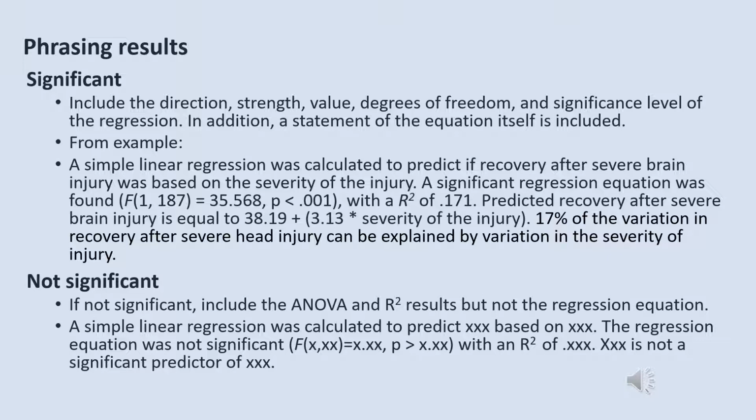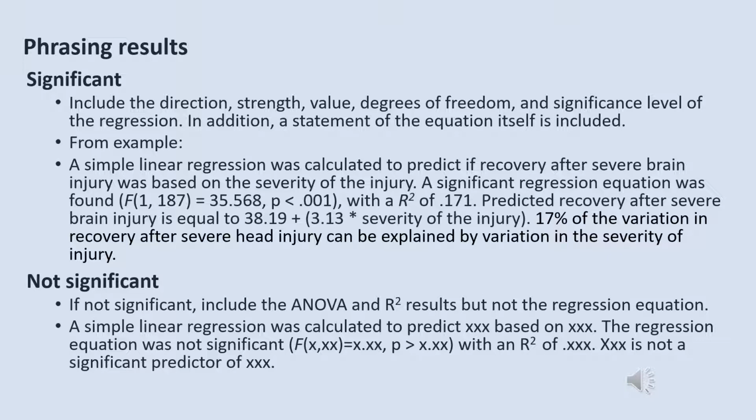The predicted recovery after severe brain injury is equal to, and that's where you plug in your equation, 17% of the variation in recovery after severe head injury can be explained by variation in the severity of injury.